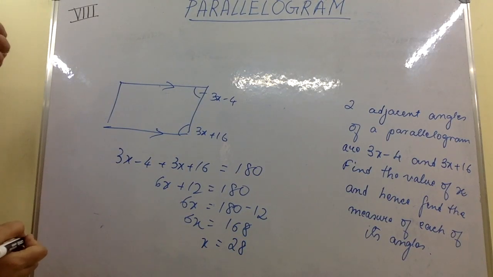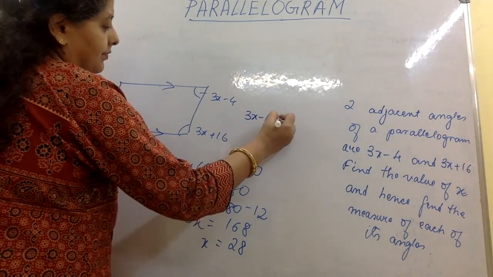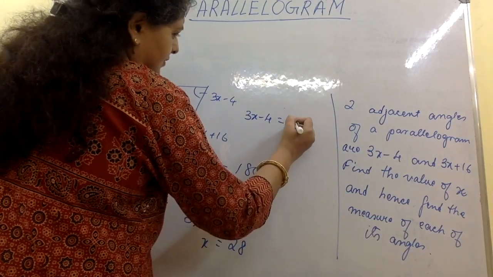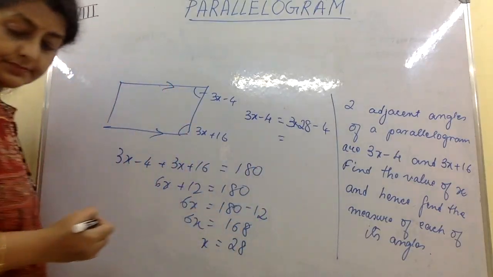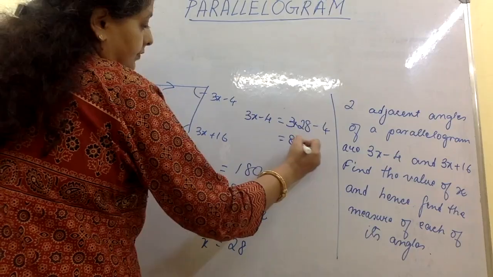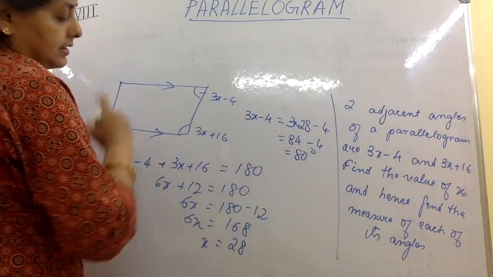Okay, so 3x minus 4 is equal to 80 degrees, which means this angle becomes 80 degrees.